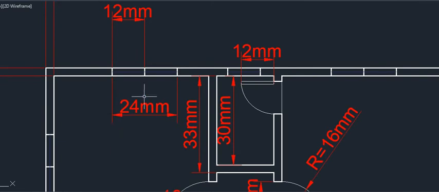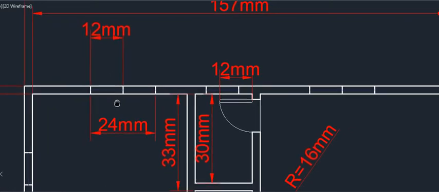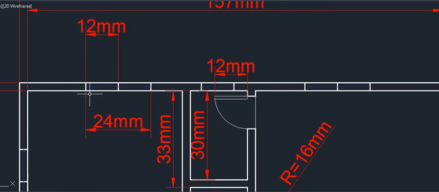So the measure of our window, each window measures 12 millimeters, and then 2 sets of windows will be 24 millimeters. So just follow this measurement or dimension.